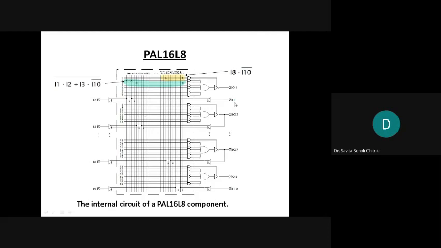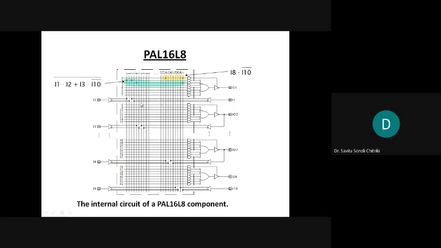Output 1, this is I1, input 1. Input 1 and input 2. One line is directly connected, another line is inverted. Right? Directly and inverted.